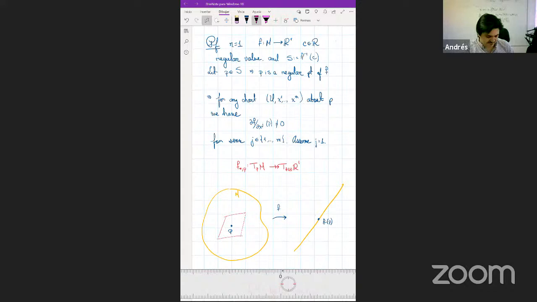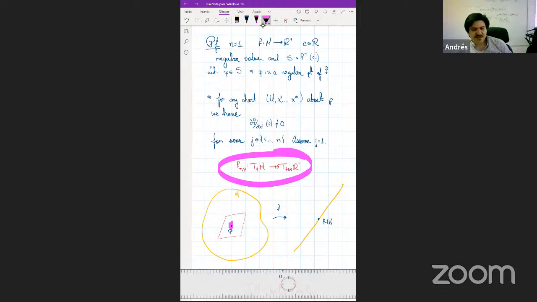Now, see, you have a point in S. I didn't draw S here. And then, because P is regular, that map is surjective.